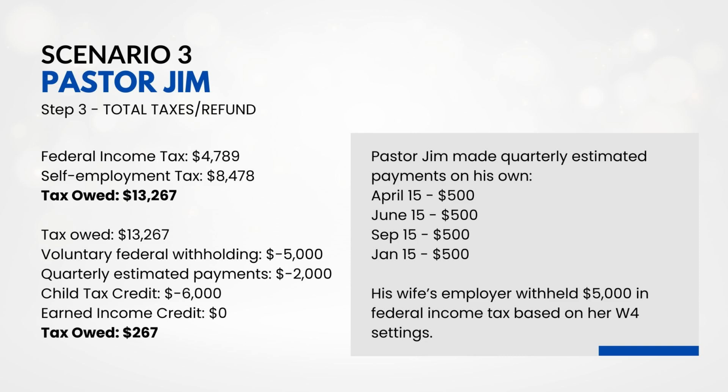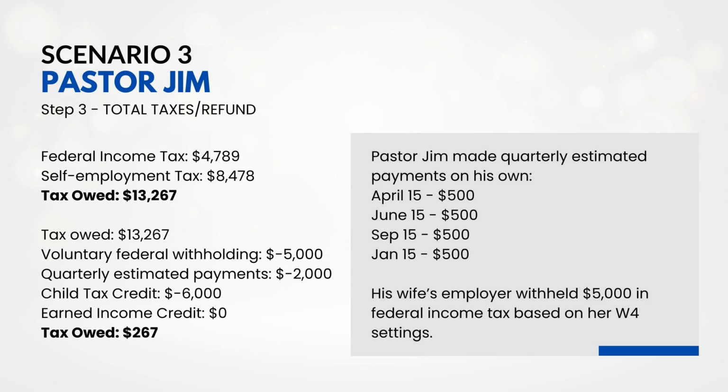Looking at Pastor Jim's total taxes, we see that he owes $13,267. But since his wife had $5,000 of federal income tax withheld during the year, and Jim made quarterly estimated tax payments of $500 each quarter, they have already deposited a good portion of their tax bill. Though the couple is not eligible for any earned income credit because of their higher wages, they are still eligible for the full child tax credit of $6,000.